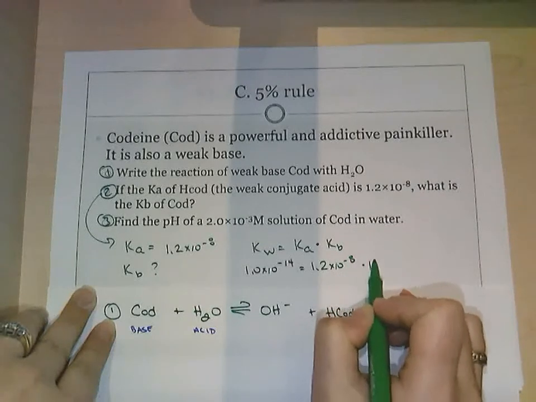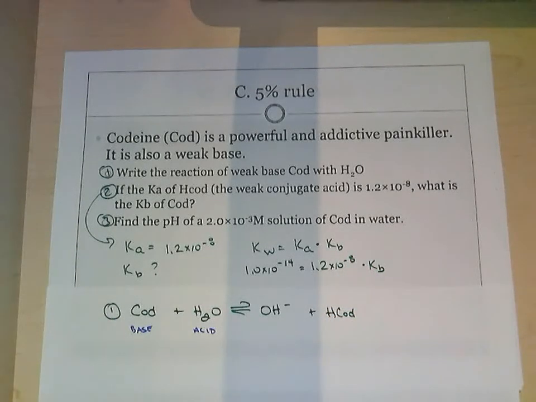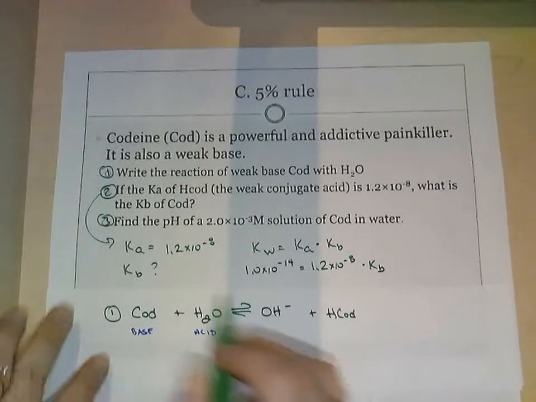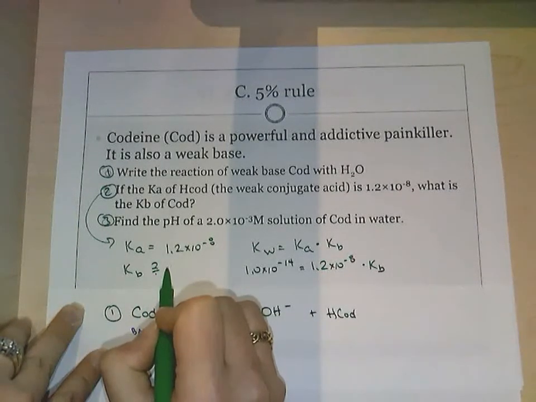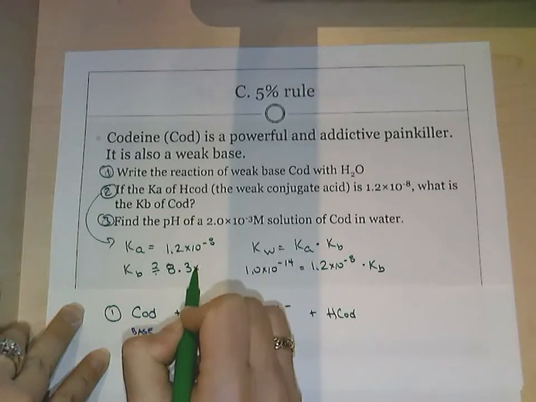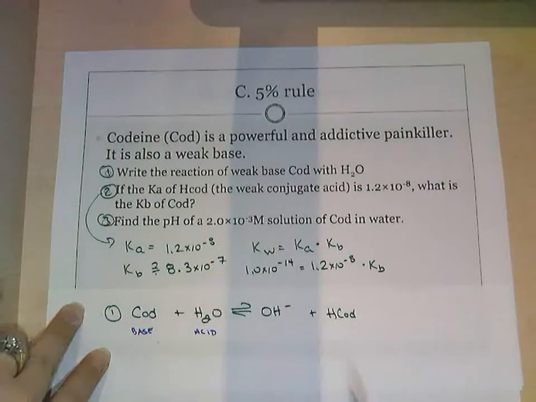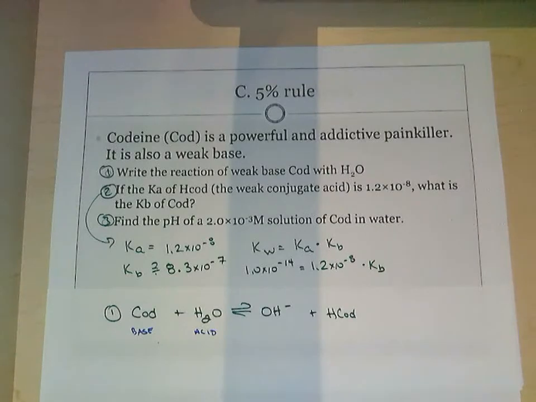All right, so then we can find out Kb. Everybody get something in the ballpark of 8.3 times 10 to the negative 7th? For those playing along out in the audience.